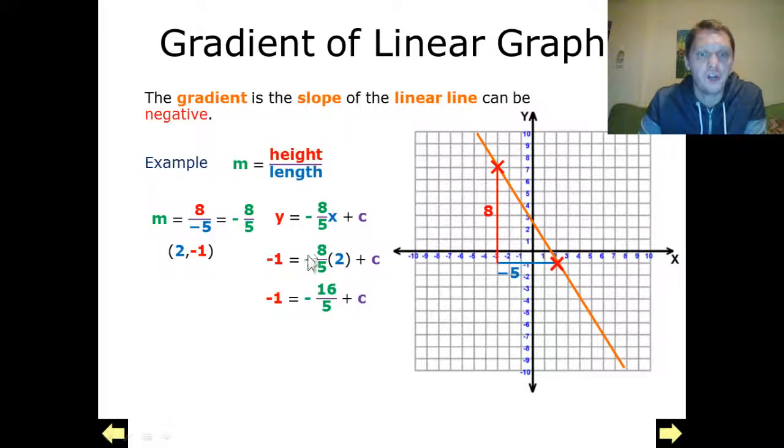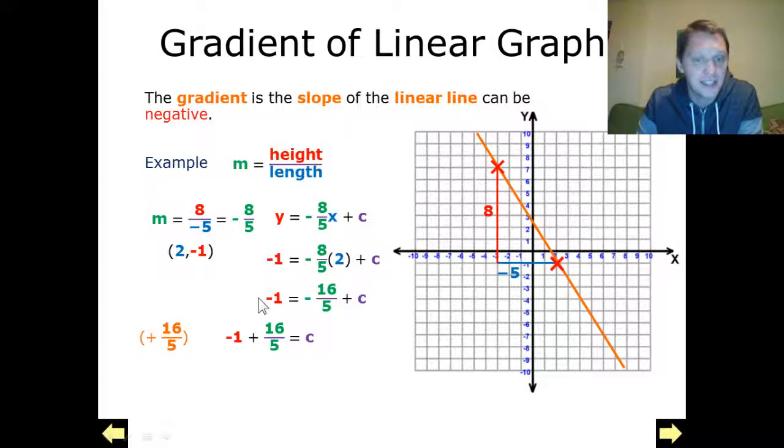So 2 times -8 over 5 is negative 16 over 5. Now if I was to add 16 over 5 to both sides, or move this from the right hand side to the left hand side, it will change from a negative to a positive. So I've got -1 plus 16 over 5 equals c, which becomes 11 over 5 equals c.